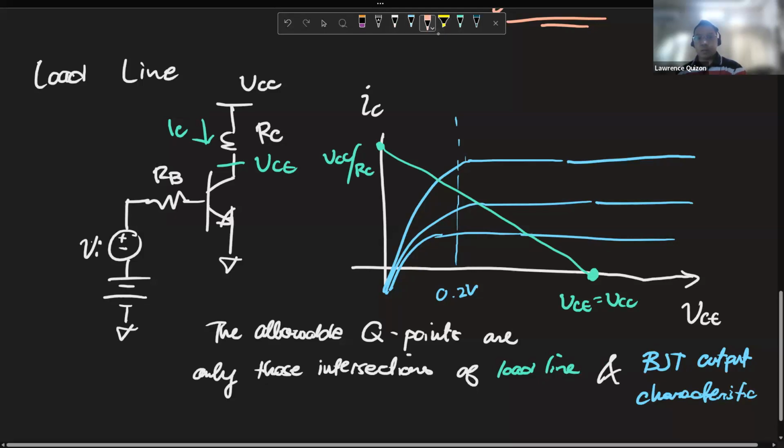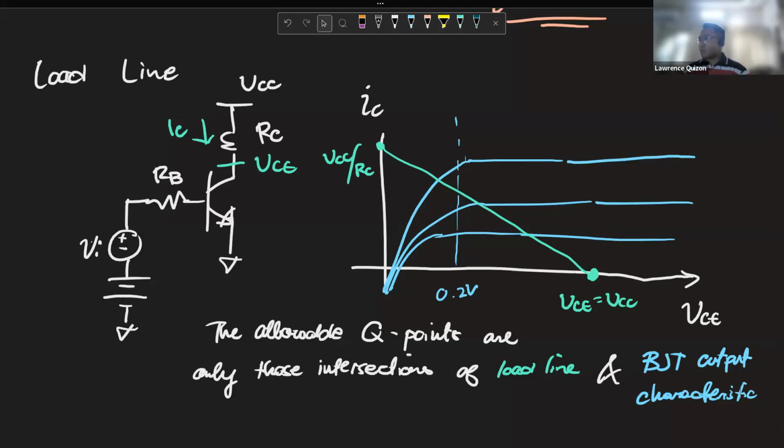So, dito, ano yung allowable nating Q points? Those would be this, and this. Because those are the only points that would satisfy both the Ohm's law relation of VCC, VCE, and IC over RC, and the relation that is needed by IC and VCE across a BJT.